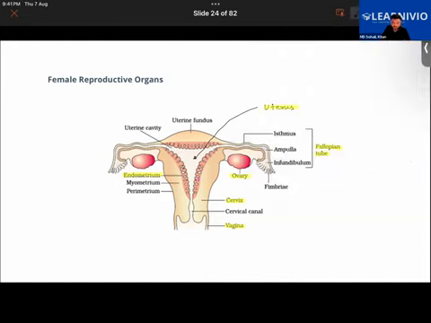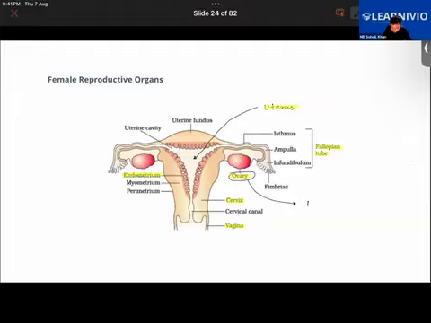Out of all the different structures, the most important here is the ovary. This is the most important structure because this is basically the gland which will be producing the ovum.